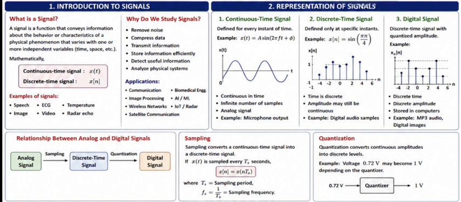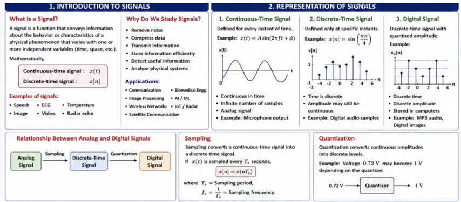Talking about the definition, a signal is a function that conveys information about the behavior or characteristics of a physical phenomenon that varies with one or more independent variables, and the main independent variable in case of a signal is going to be time.